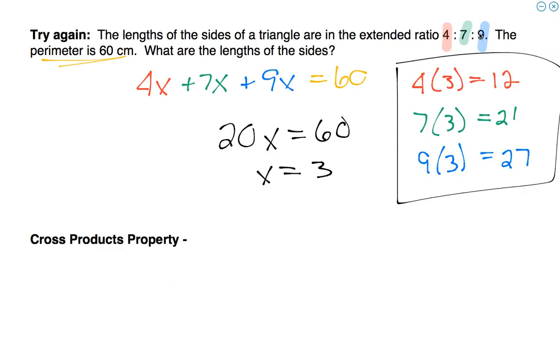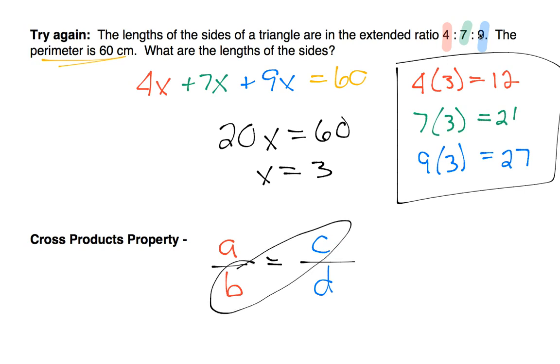And then cross products. This should take you back to middle school, which the idea is if we have two ratios that we know are equal to each other, then A over B, C over D, if we do a product going across this way, I'm going to go green, that means that BC, that product, is going to equal this product.